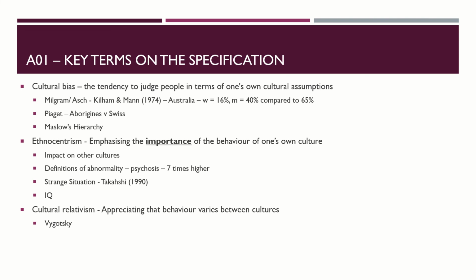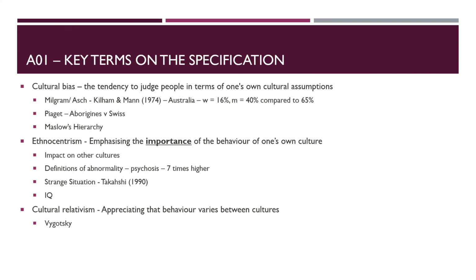Vygotsky very much focused on the idea that it was the culture that the child was in and the society they were in that influenced and changed and developed their cognitive development. So Vygotsky appreciated that those behaviours might vary between cultures, and acknowledged the importance of culture in influencing each one of those behaviours.